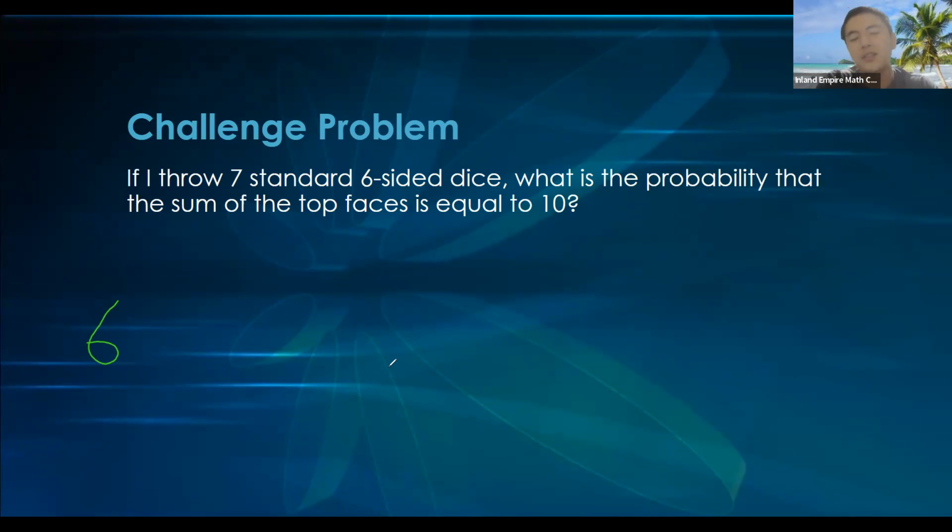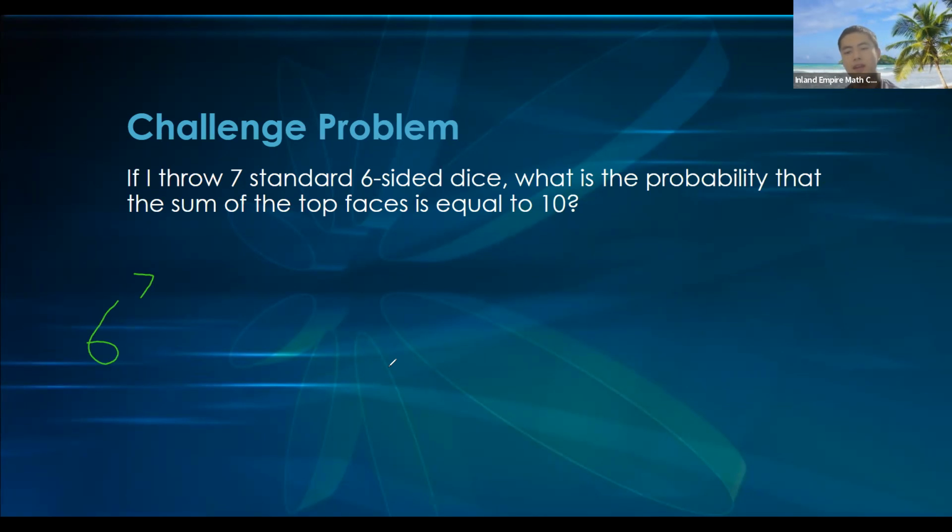So the total number of combinations of the upside numbers is just 6 to the 7th power, right? Because it's 6 times 6 times 6 times 6 times 6 times 6 times 6. So that's the total number of outcomes. If we could just find the successful number of outcomes, we could divide that by 6 to the 7th and we'll get the answer.